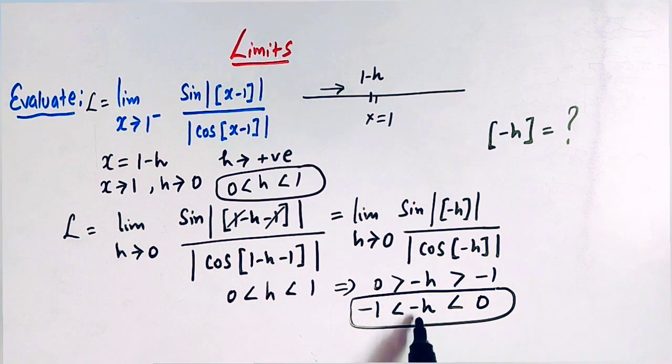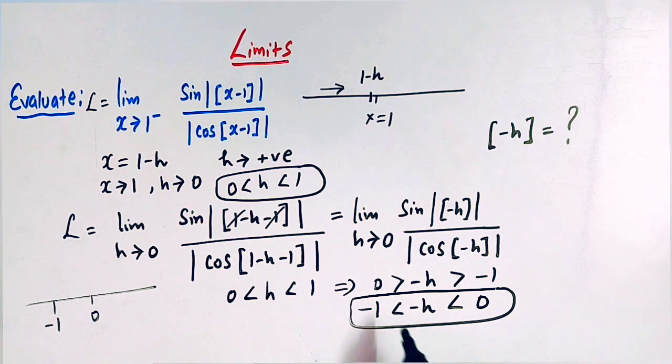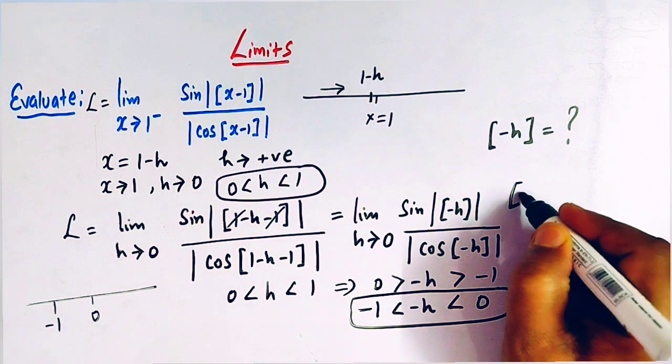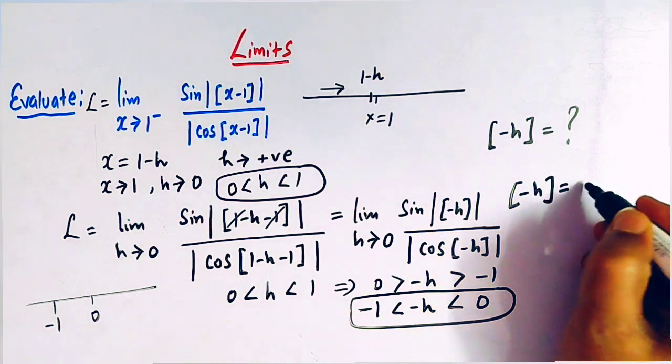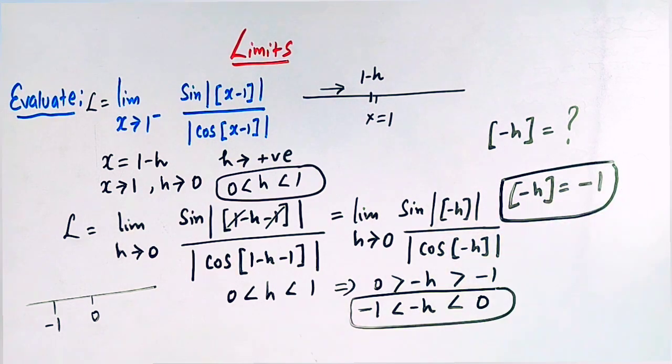This inequality suggests that negative h lies between 0 and minus 1. Once we have established that minus h lies between -1 and 0, by the definition of the greatest integer function, the value of greatest integer of minus h must be equal to -1. This is a very important result.